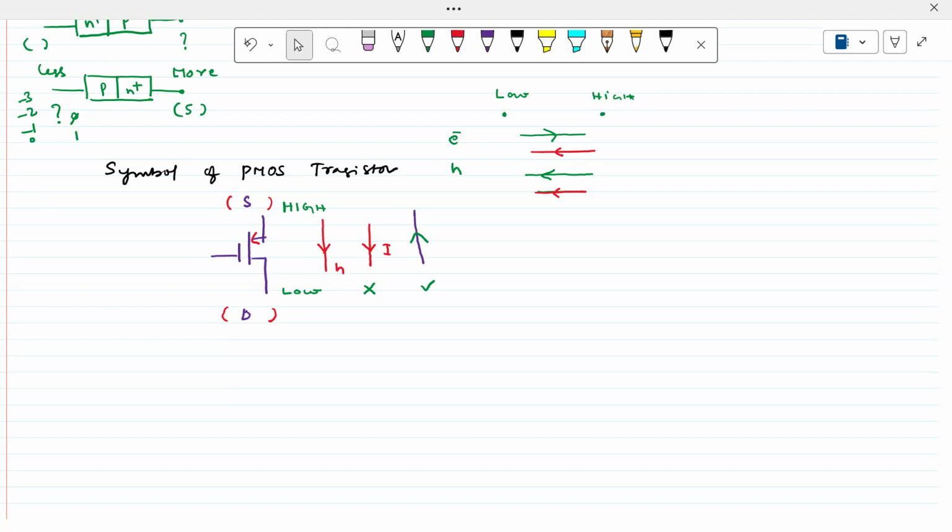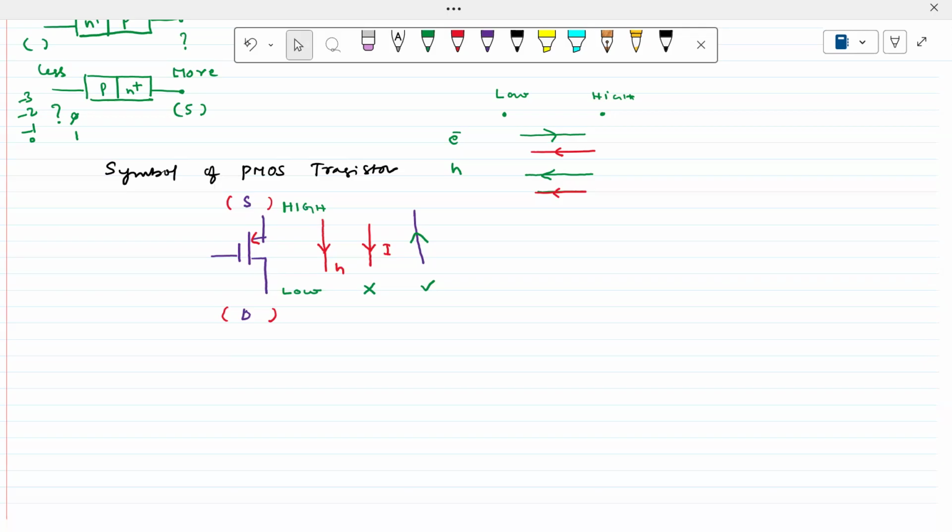Which quantity do you have to think about? I'm not mentioning which one is a low potential, which one is high potential. I did not say anything about it. I have just shown the current direction from bottom to top. What should you immediately think in your mind? The current always flows from higher potential to lower potential.